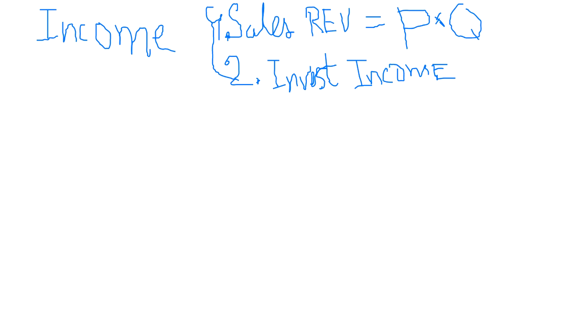Isn't that right? Companies don't distribute the profit immediately after each operating period. And what did I say? All the companies update their financial statements. How often? Quarterly. Especially the companies that are publicly held or publicly traded.